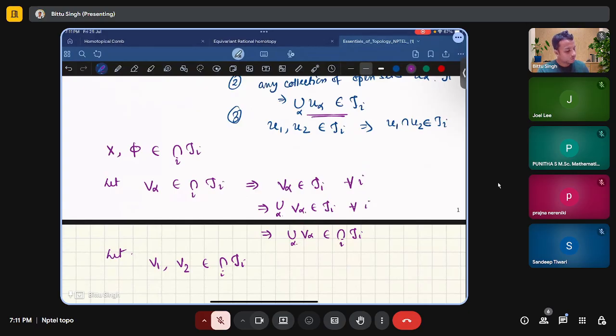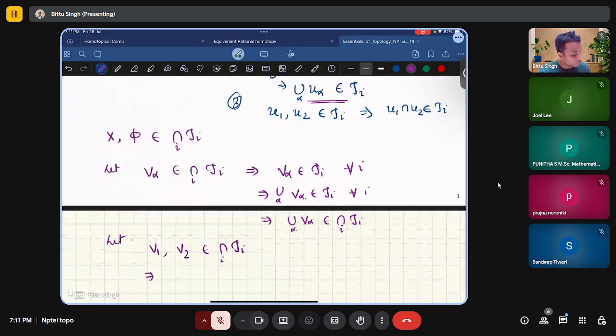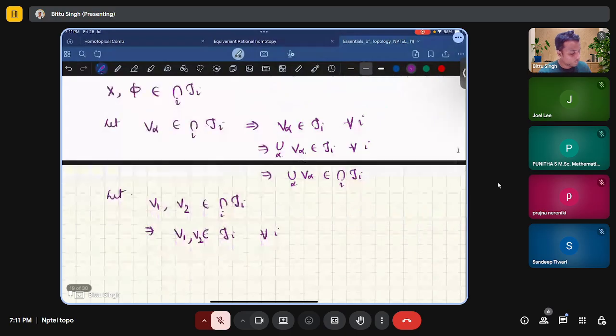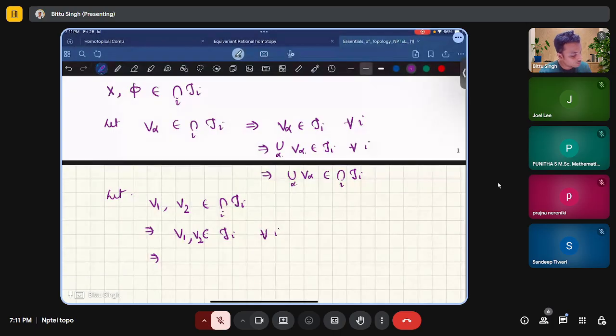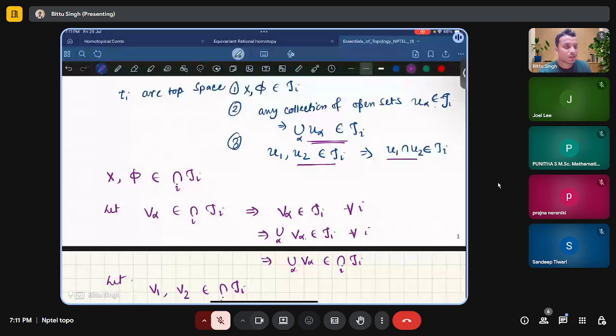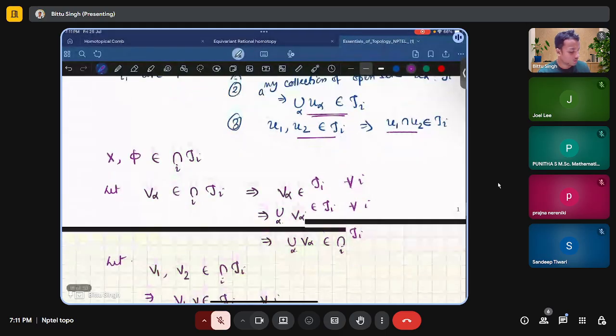That means V1 belongs to tau i for all i. Similarly, V2 also belongs to tau i for all i, right? Therefore, again by the defining property, if two things belong to tau i, then their intersection also belongs to tau i.